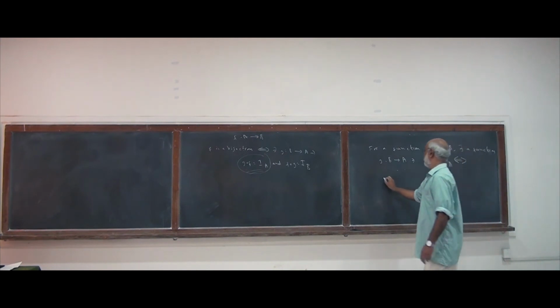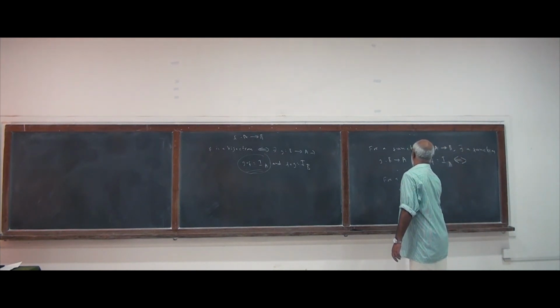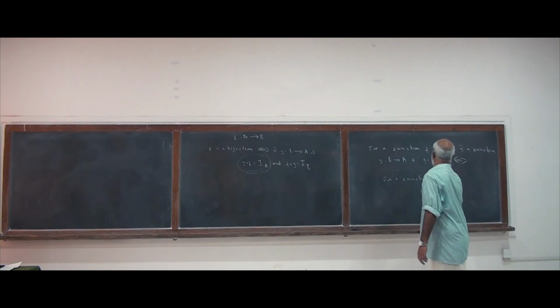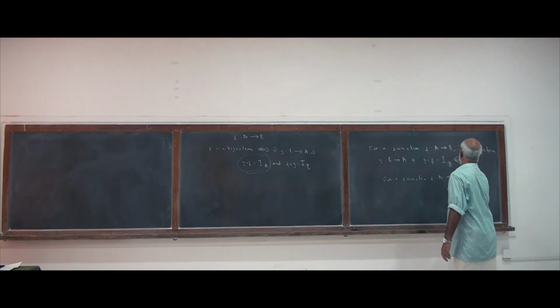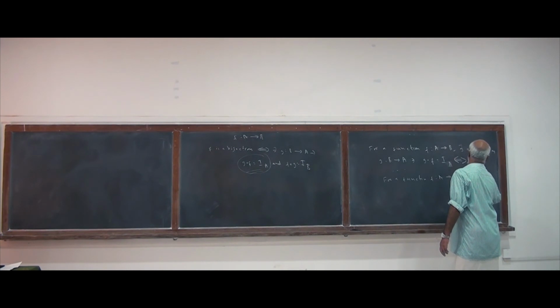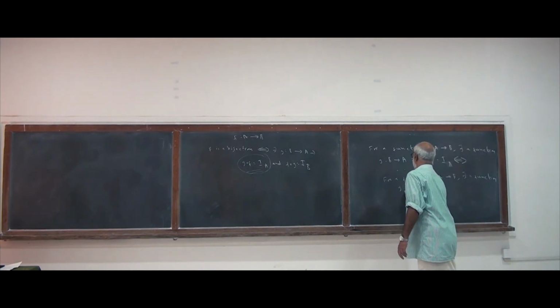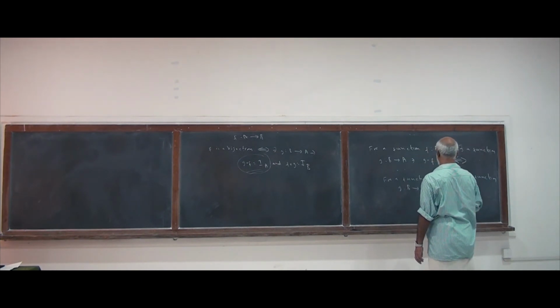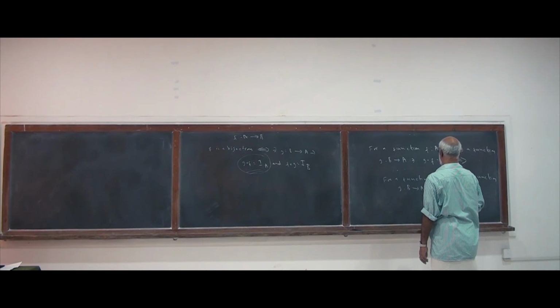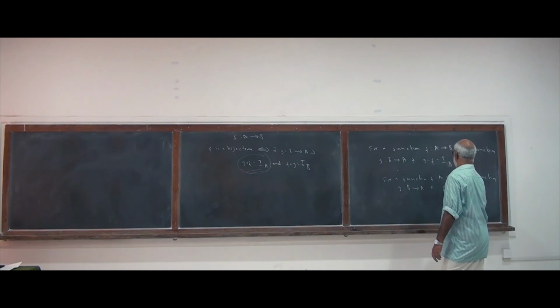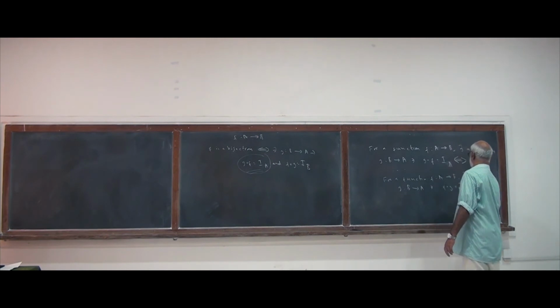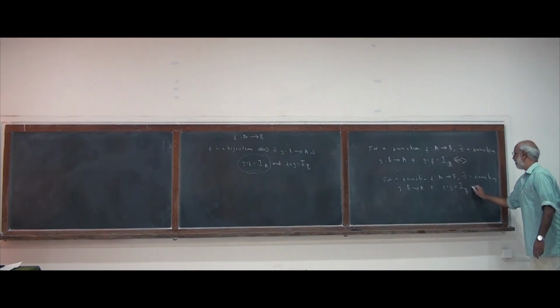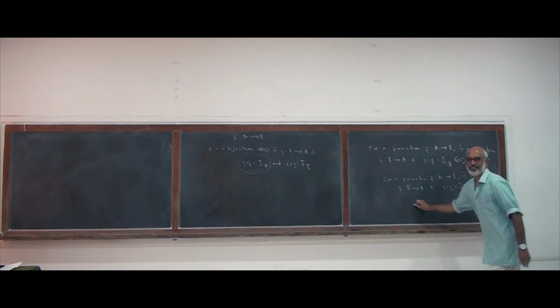Another question is for a function f from A to B, there exists a function g from B to A such that f composition g is equal to identity on B if and only if what is the condition?